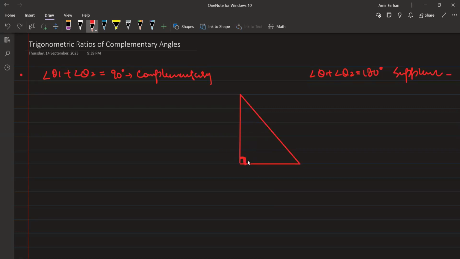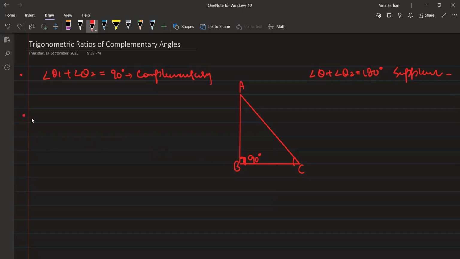One angle should be 90, Adil? Yes, very good. Now, Adil, this is A, this is B, and this is C. Yes or no, Adil? Very good. Now, Adil, tell me what should be sine C.